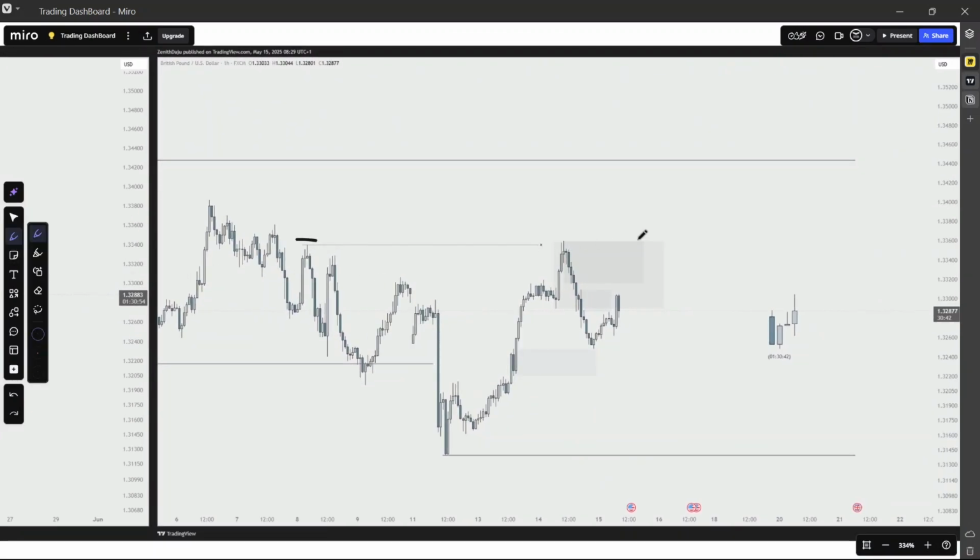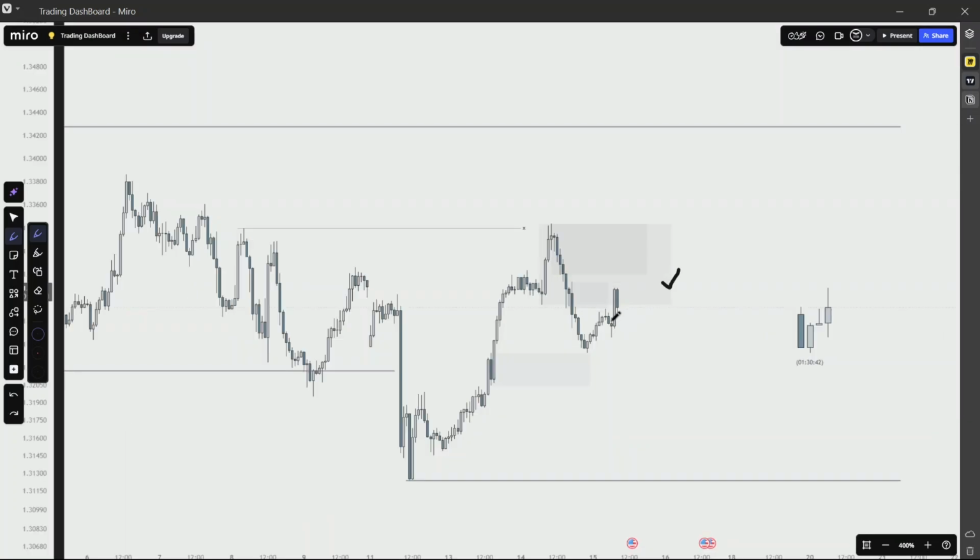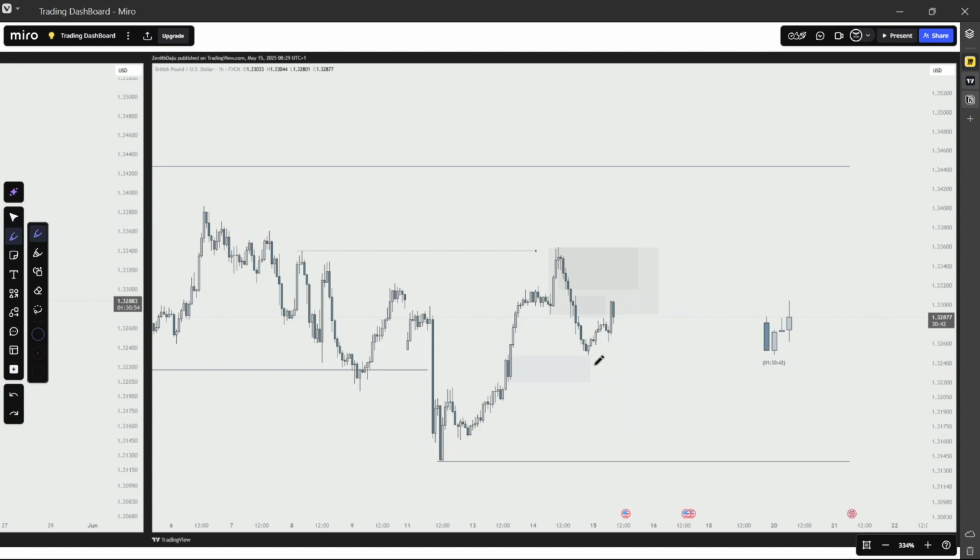This was the 4H buy side liquidity that was swept, and this 4H stacked with this unmitigated 4H POI behind. Here we do have this 1H POI that was then mitigated. Actually, this is 8:29 time where I think I was already in the trade.